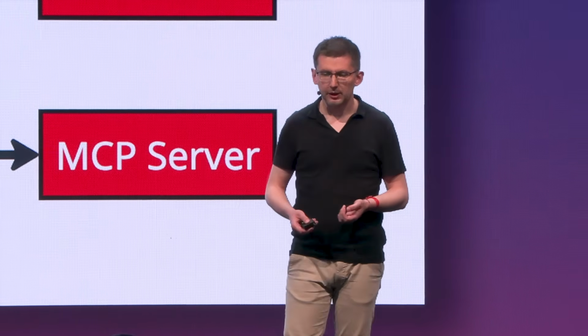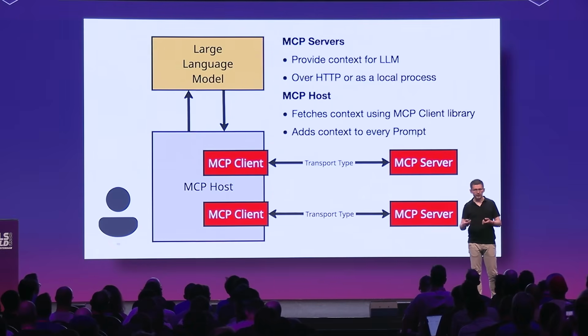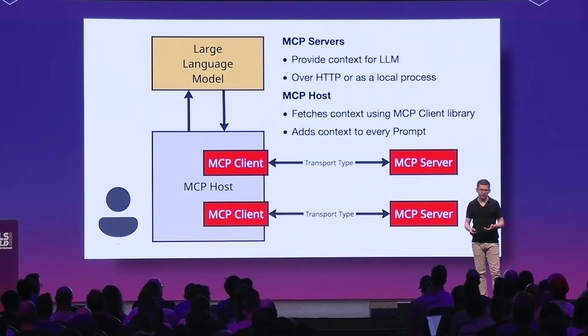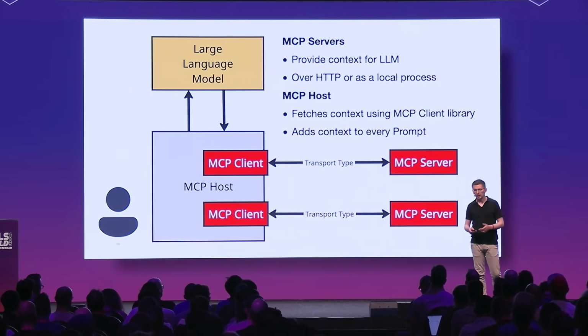On the other hand, MCP servers provide additional context. This context is either provided over HTTP, which we're going to do today, or if the MCP server runs on the same machine as the MCP host, it can be provided over standard input-output, but that's not today's subject.